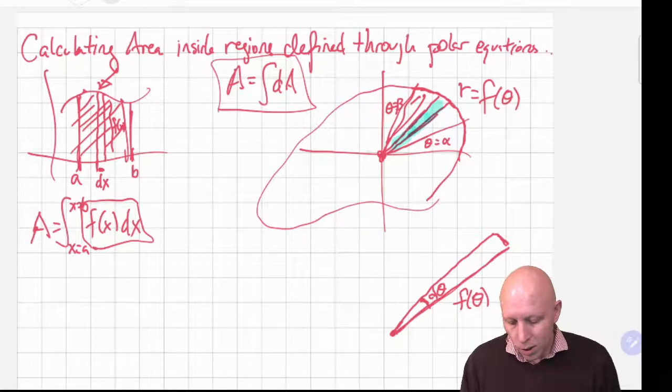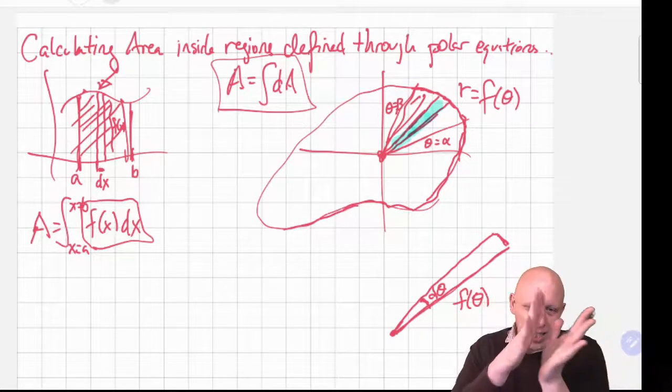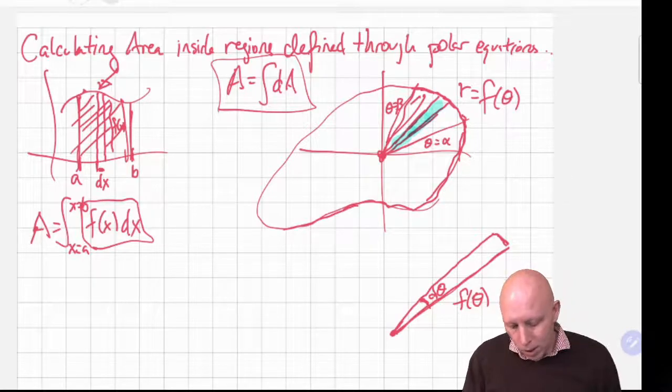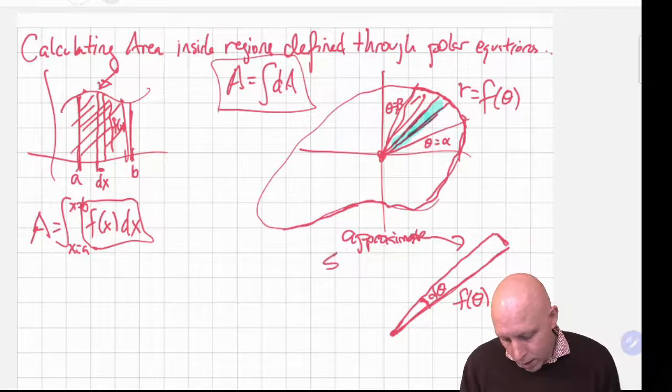Similarly here, even though the curve doesn't sketch out a circle, we're in such a skinny slice that we can approximate this as one small bit of a circle.